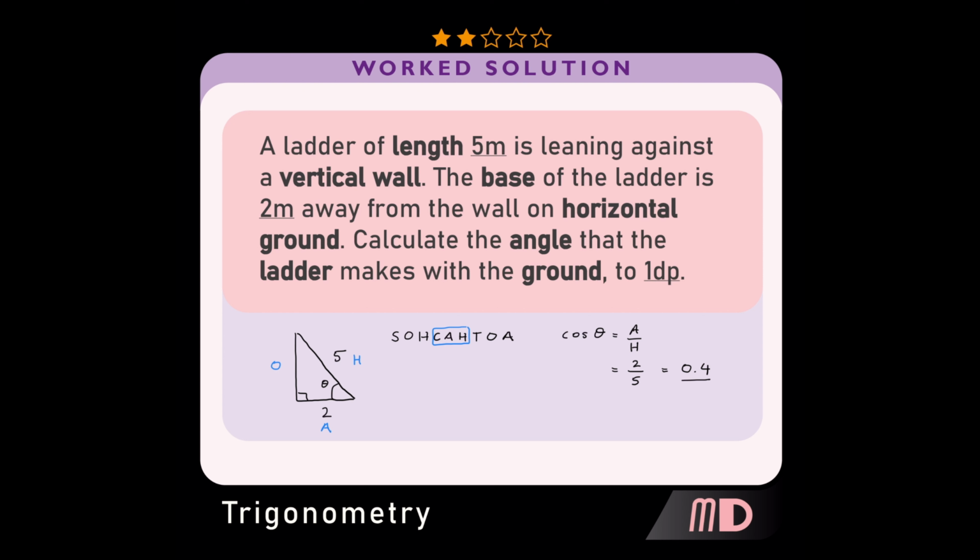To find the value of theta, we need to take the inverse cosine of 0.4. So theta is equal to the inverse cosine of 0.4, which gives us a value of theta equal to 66.4 degrees.